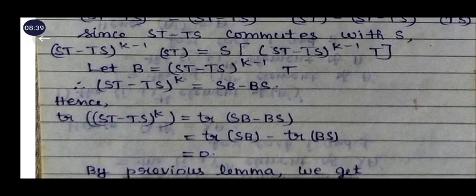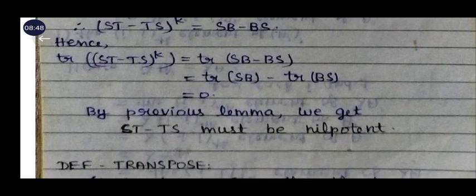Hence, the trace of (ST minus TS) the whole power k equals the trace of SB minus the trace of BS, which is equal to 0. By the previous lemma, we get ST minus TS is nilpotent.